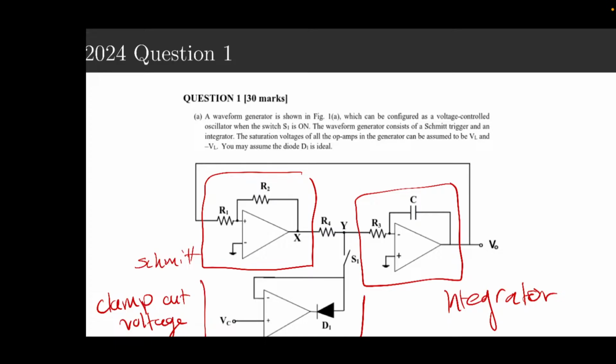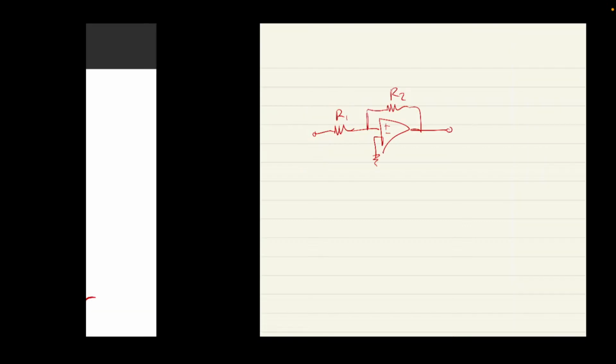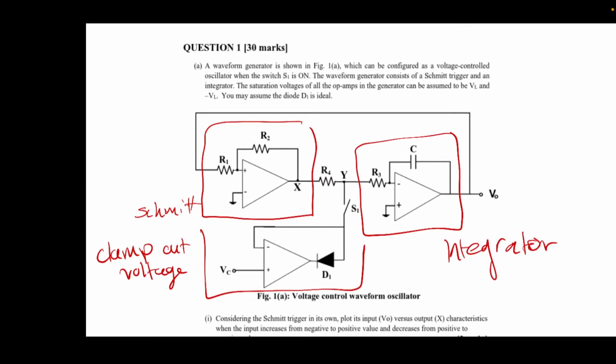So to start off with, we want to consider the Schmidt trigger by itself. Alright, so let's draw out the circuit. Okay, so we've got the Schmidt trigger. The first thing I'll point out is that the output voltage of the entire amplifier is actually connected to the input of the Schmidt trigger.